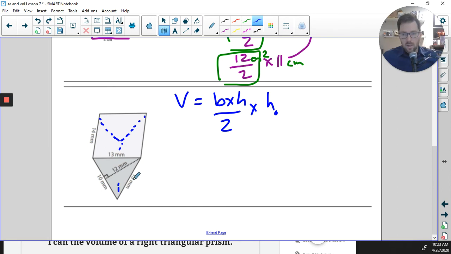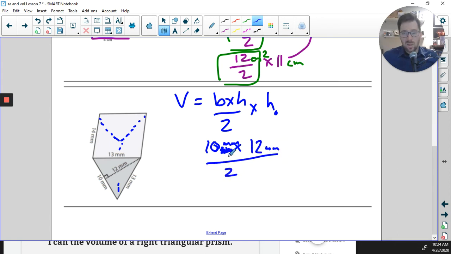We're going to use the 10 because we see right here our 90-degree angle in our height. Okay. So our base is going to be 10 millimeters times height, 12 millimeters, divided by 2.